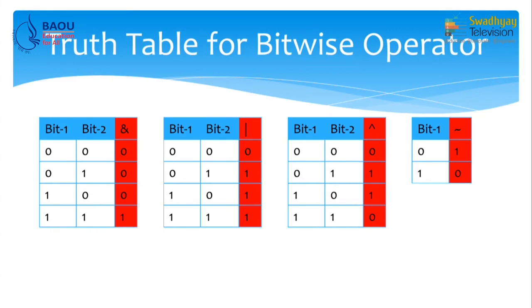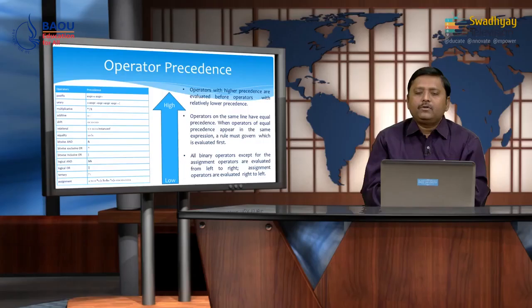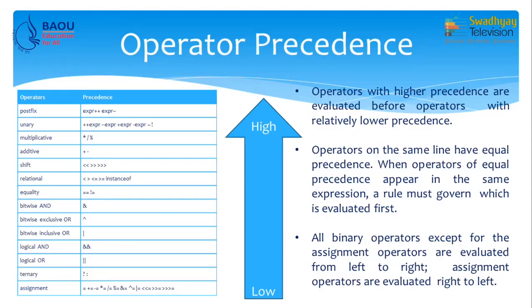Now, we discuss different types of operator precedence. In any expression or formula, we use many operators at a time. So, which operator will be evaluated first? For that Java defines operator precedence. Operator precedence defines which operator will be evaluated first.